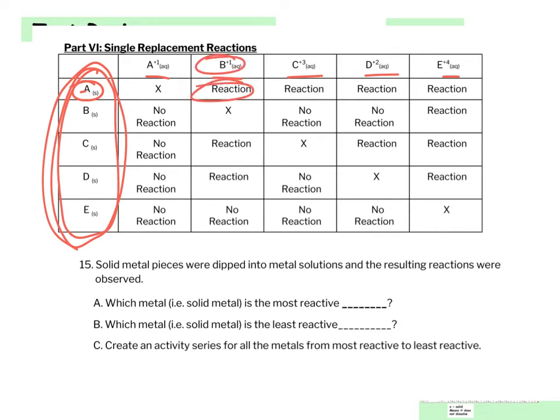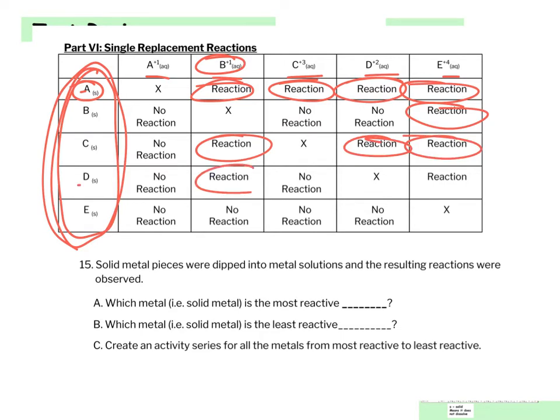And if I dip it into a beaker with C3 plus ions, I get a reaction, and in every case I get a reaction. For solid B, I get only one reaction. For solid C, I get 3 reactions, and solid D gives me 2 reactions.